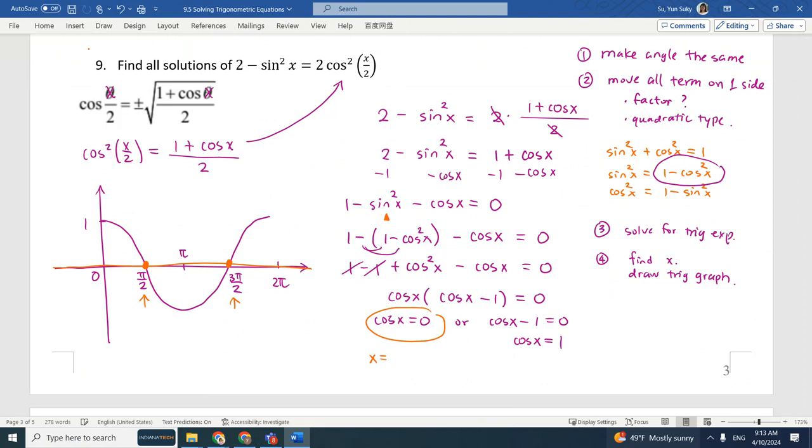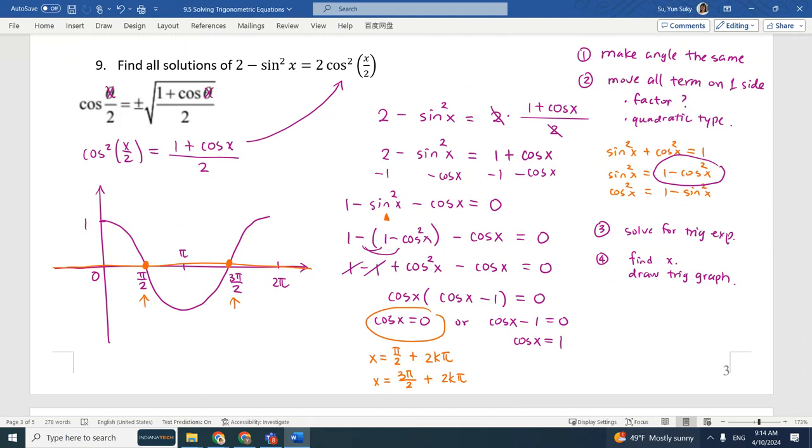So we have x is pi over 2, but we need to find all solutions, not only the solution within this range. Again, what's the period of cosine? 2 pi. So what do you need to add? Exactly, 2k pi. And the other solution is 3 pi over 2, and you also need to add 2k pi. Is that okay, everybody? Questions?